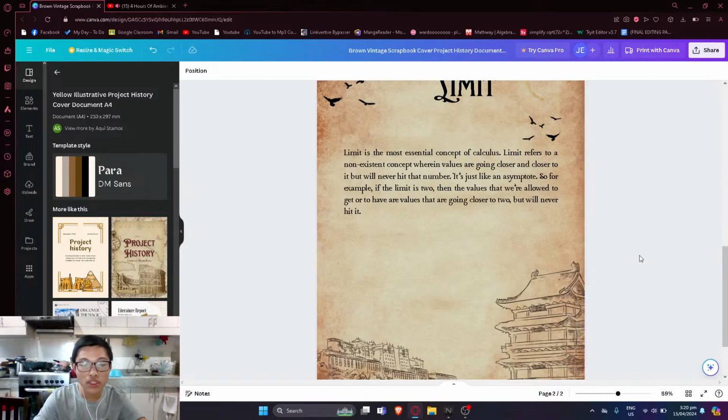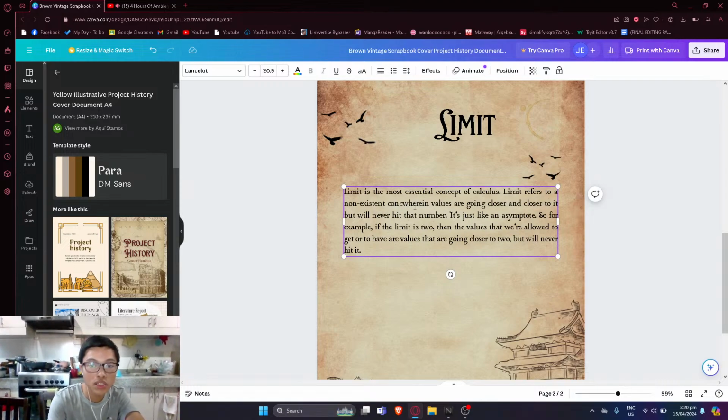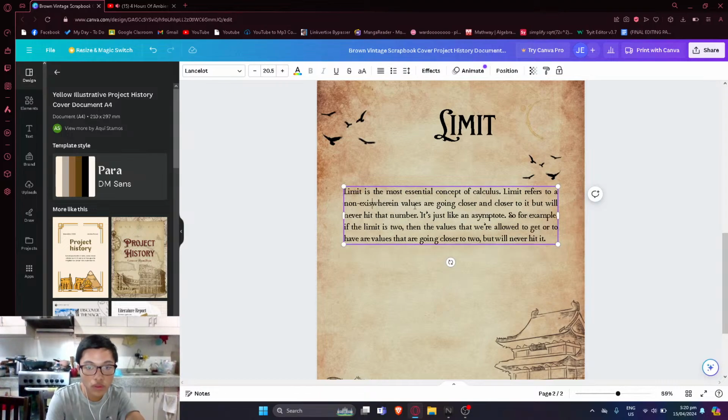Limit refers to a non-existent concept, wherein values are going to be classified by name. But the limit is not existent.